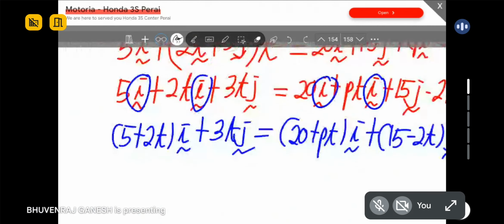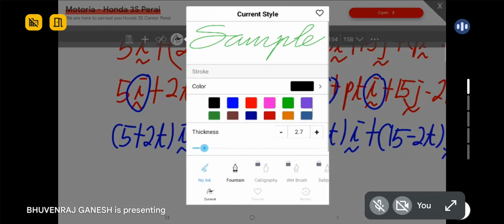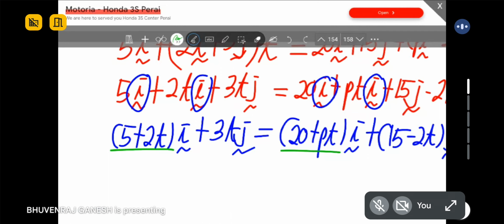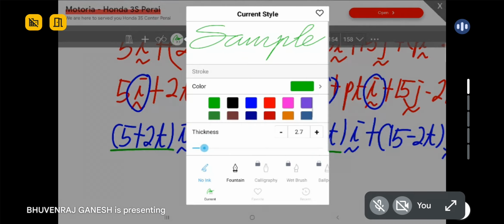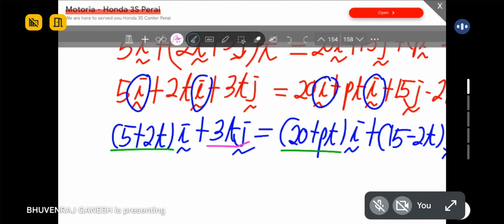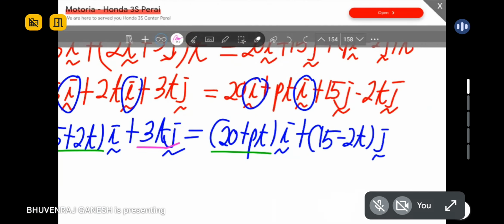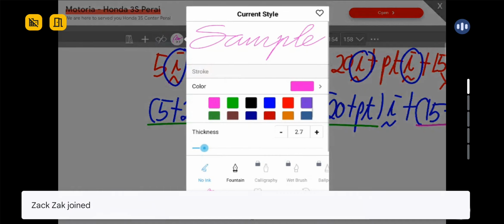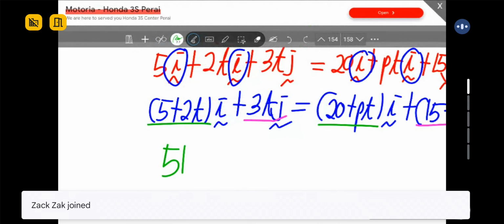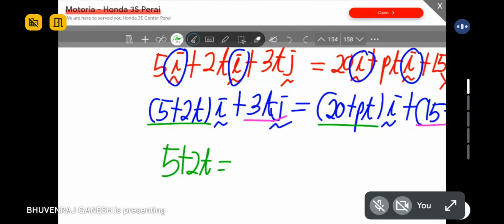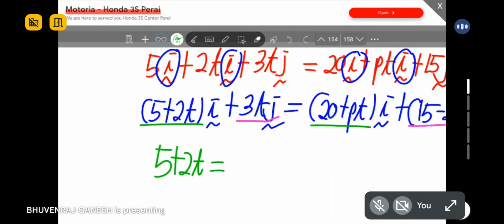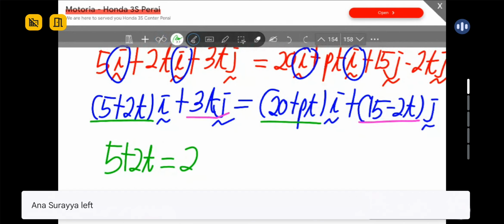Okay, so based on this, guys, you guys can actually do what? Same concept again, guys. Compare the coefficient, bandingkan perkali. So can you see over here? I'm comparing the coefficients of I and the coefficient of J. So when you compare coefficient of I, 5 plus 2t perkali bagi I, left hand side and right hand side, plus pt.